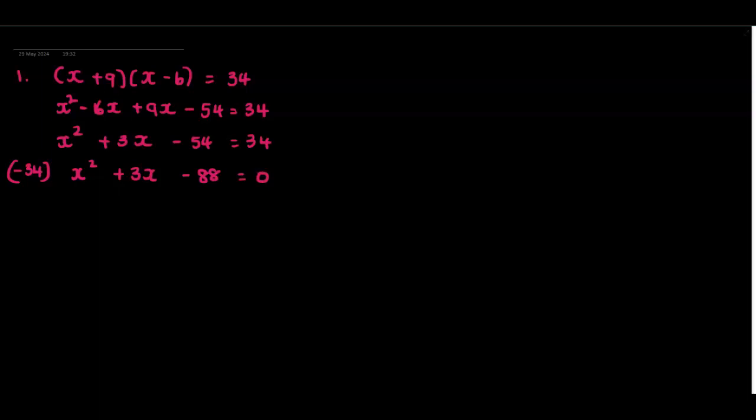And now we could factorize this. So a is equal to 1, b is equal to 3, and c is equal to minus 88. So ac we know is minus 88 and b is 3.